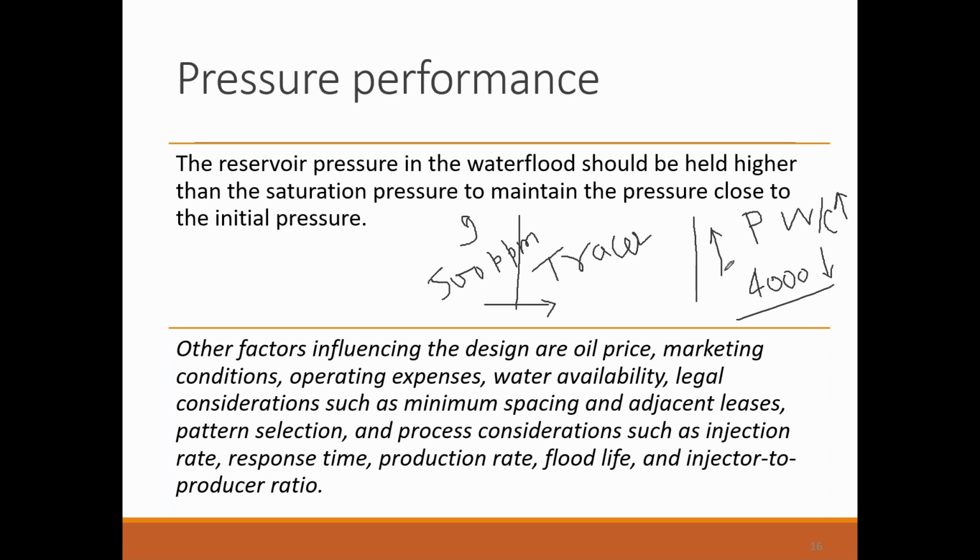The second thing is if the reservoir flowing pressure, the PWF, has increased, it might also give you some indication. So these are some indications of interconnectivity between the injector and the producer. You can look at the salinity, water cut, and wellbore flowing pressure.